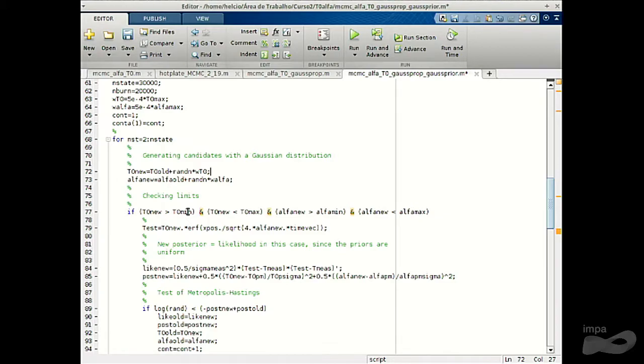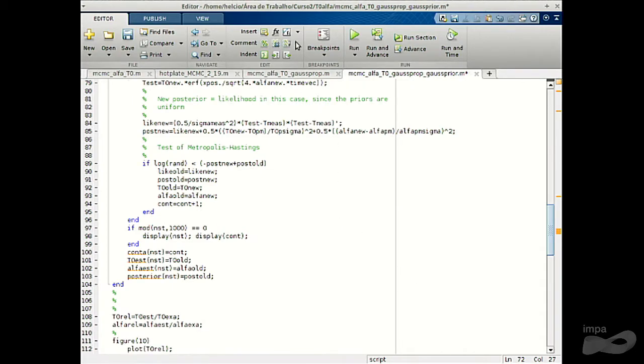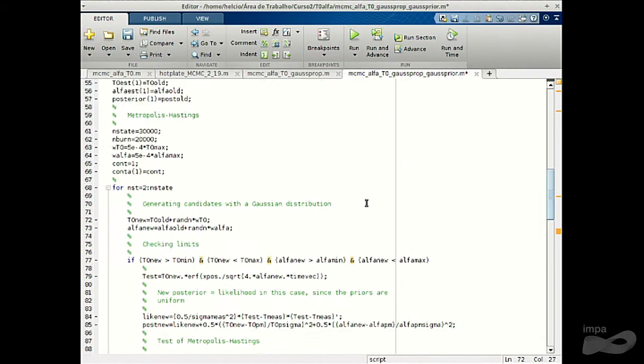If the candidates are outside this interval, we have 0 probability, okay? And if they are inside that interval, then we compute the new likelihood, and also the new posterior. And now for the posterior, we have to add to the likelihood the Gaussian prior, okay? And all the rest is the same. So let's run it and see how it goes.